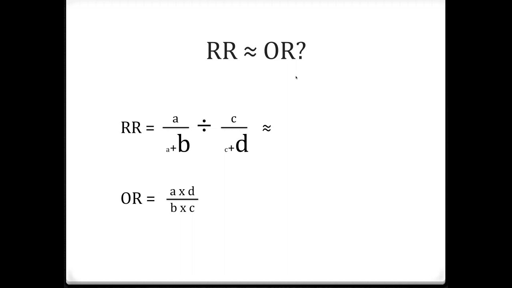Then the contribution of A and C to the denominator of the relative risk is overshadowed by the contribution of B and D, so that the relative risk is approximately equal to A divided by B divided by C divided by D, which rearranged is actually the same as an odds ratio.